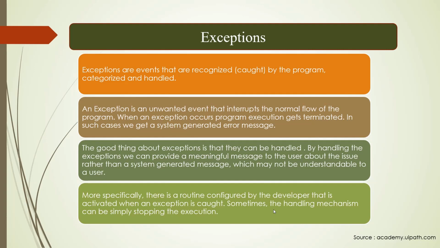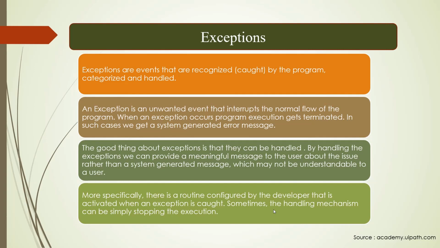When an exception occurs in a program, normally the program gets terminated. It halts the program, it stops the program. Now, there are some cases where you can actually handle the exception and move forward. That is called exception handling, how you are going to handle it.